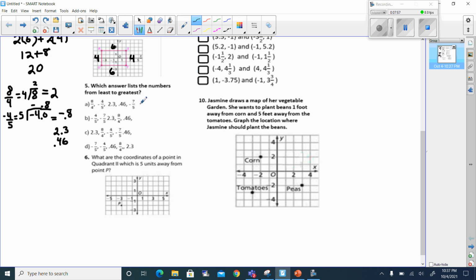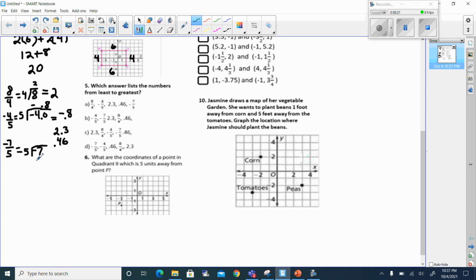And then we got negative 7 over 5. Well, again, we can treat that like a division problem, right? So we're going to have negative 7 over 5 is going to be equal to negative 7 divided by 5. Let's see.